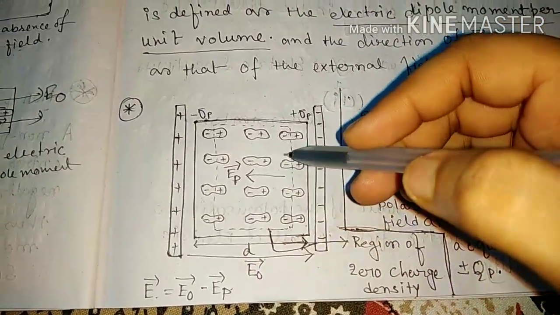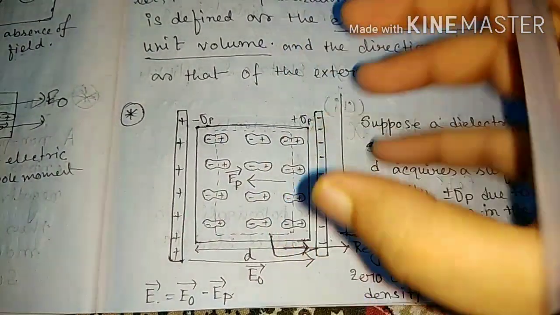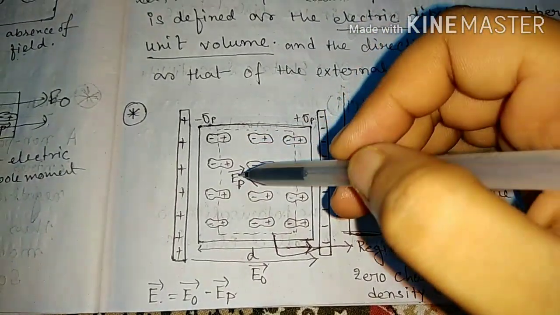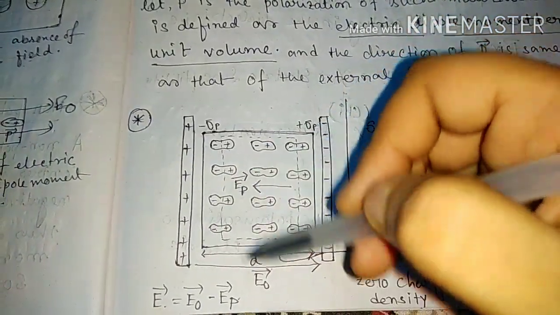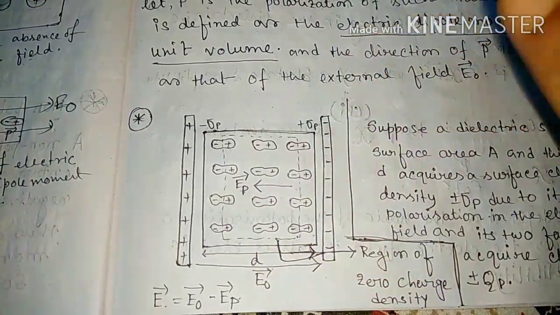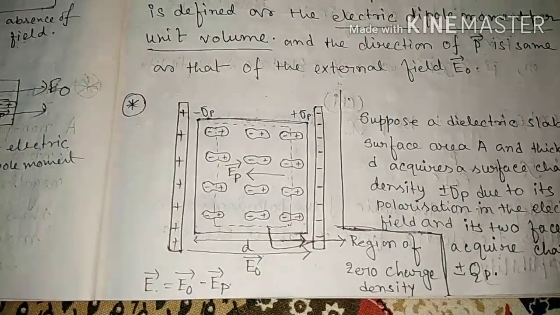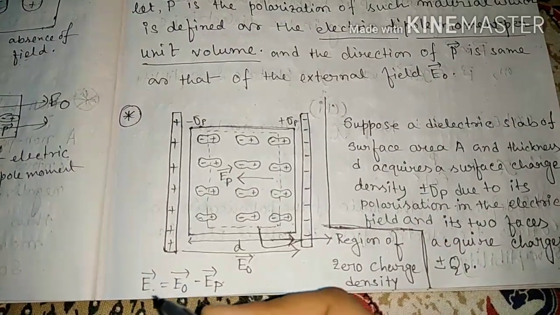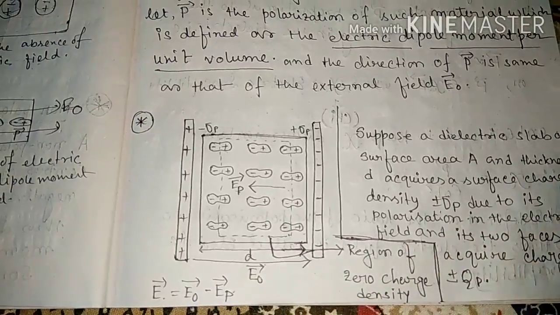Due to these polarized charges we get an electric field inside the dielectric, EP, positive to negative, opposite to the external electric field, which reduces it. How much it is reduced we denote by E, equal to E0 minus EP.